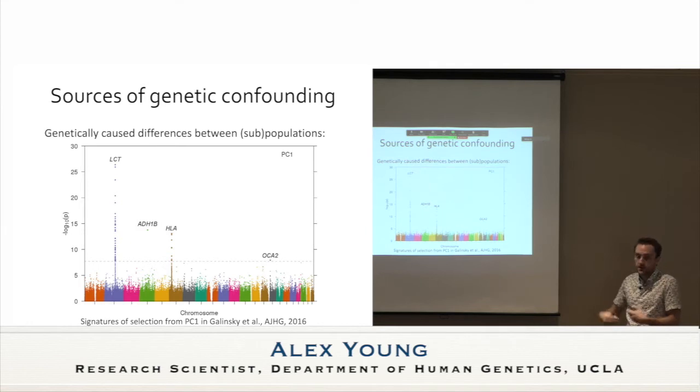So that's going to generate this confounding effect across the genome because of the genetically caused difference between the subpopulations. This is showing it for these simple, classical hard sweeps where you have a single locus that's really been selected for and generating a difference between subpopulations. But if you have a more polygenic trait, you could have something similar to this, but in a more subtle way.